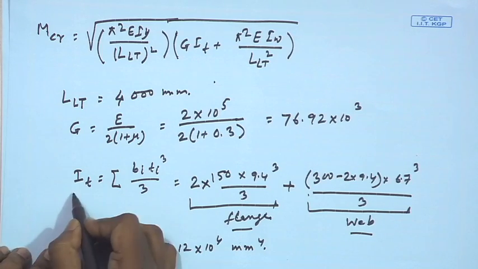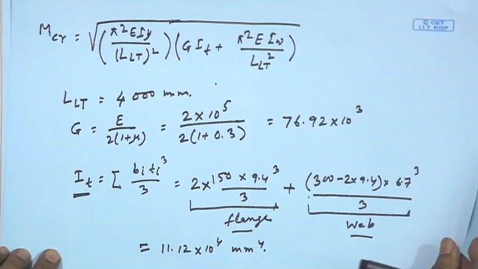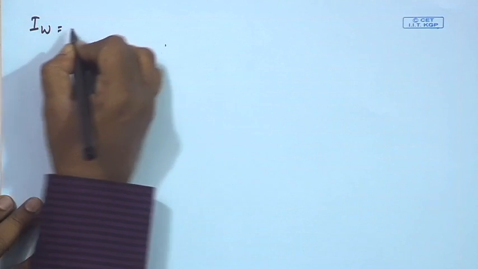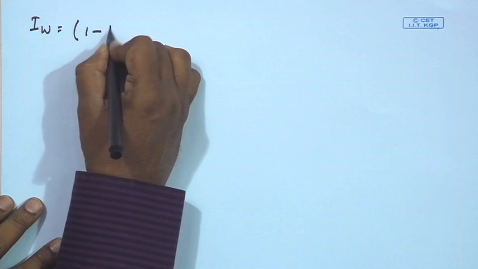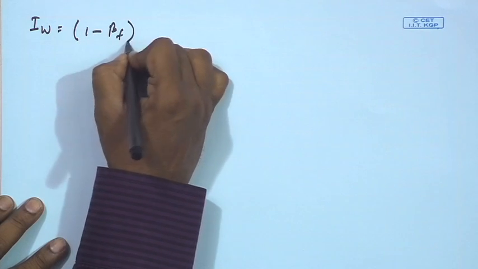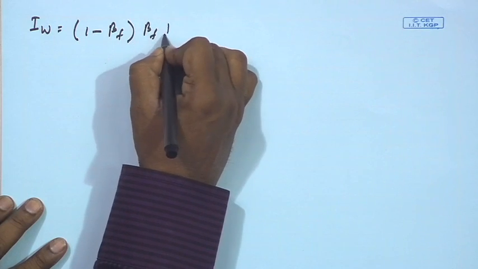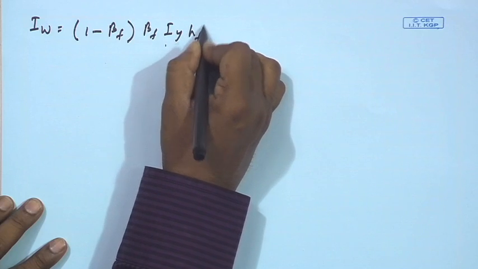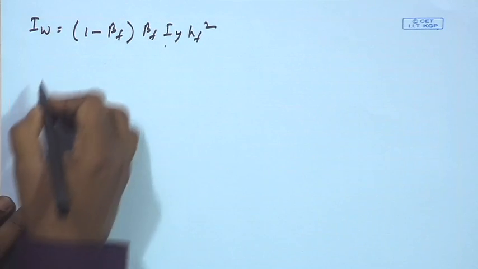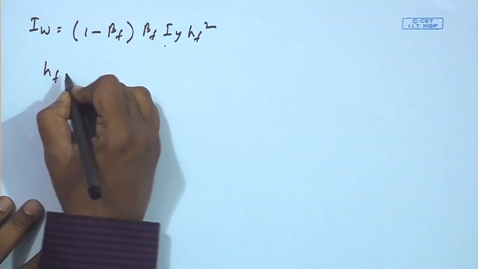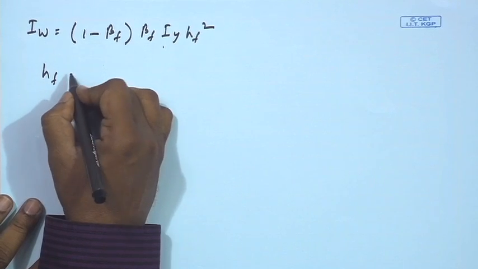So, the torsional constant we found. Now, we will find out the warping constant IW. The warping constant we know will be (1 minus beta f) into beta f into IY into HF square. Here HF is the center to center distance between flanges.